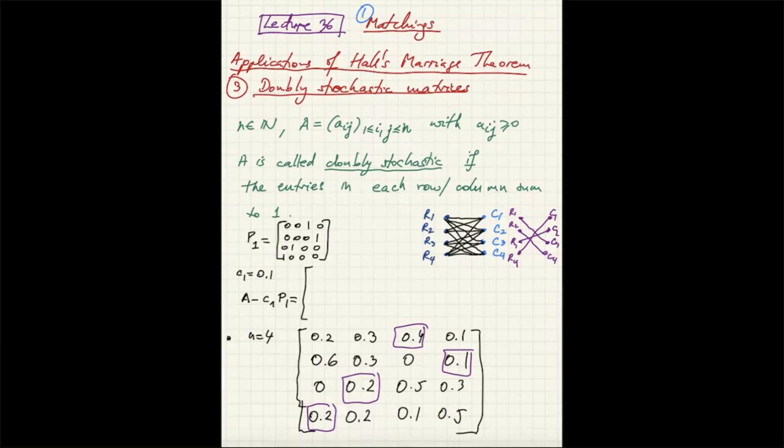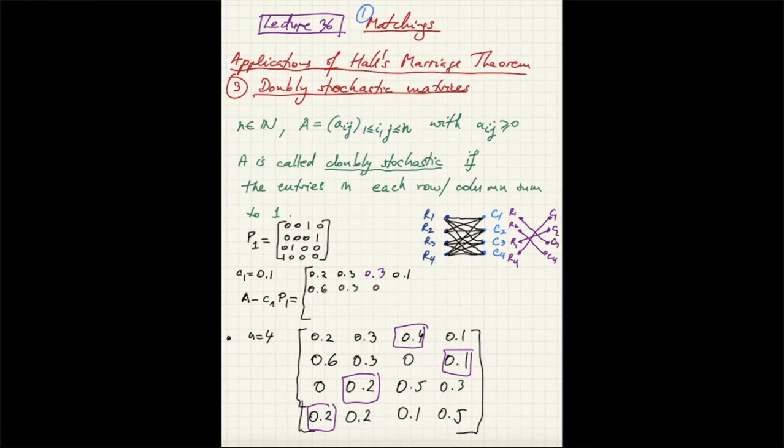And what does this do? Well, it will lower the row sums and the column sums by 0.1. And now they change and they become 0.2, 0.3. And in this position 0.4, it becomes 0.4 minus 0.1, so it's 0.3. And then we get here 0.1, 0.6, 0.3, 0.